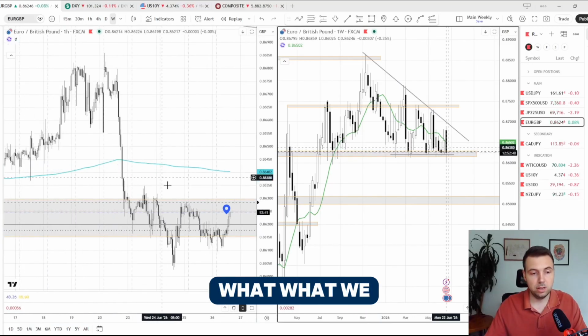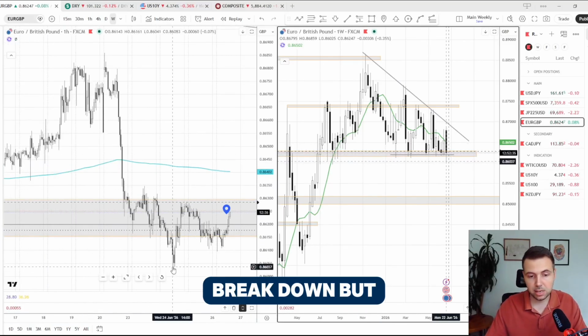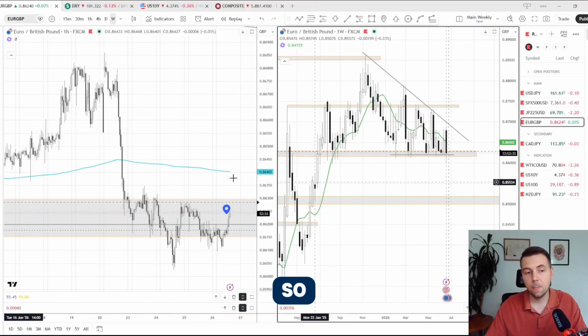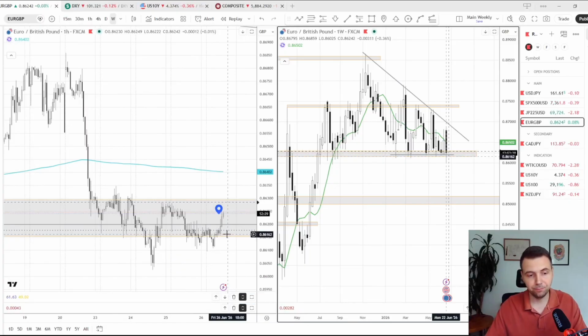And what we are observing here is that it tried to break down, but then it recovered. So we are seeing potentially a false breakout.